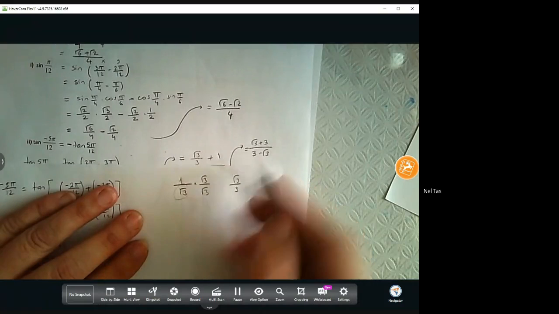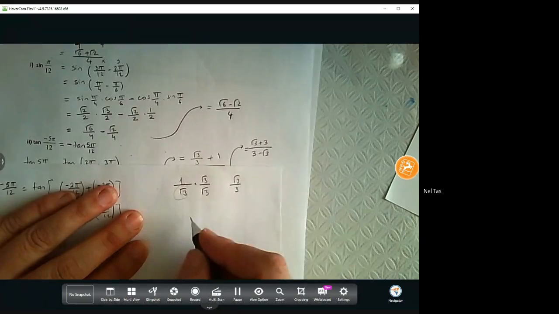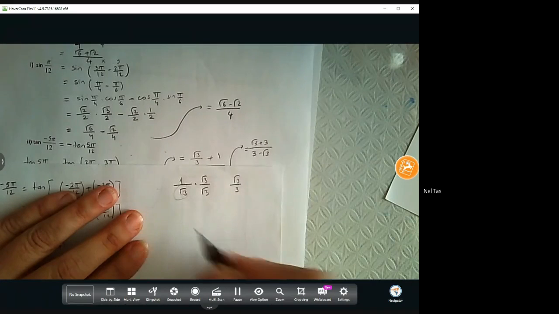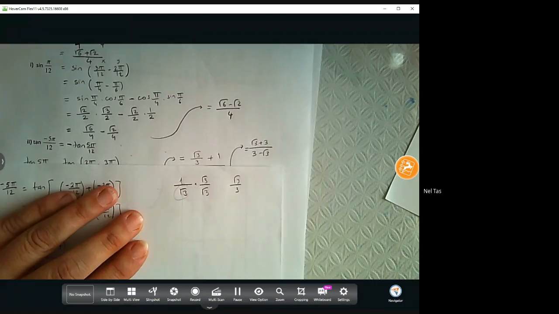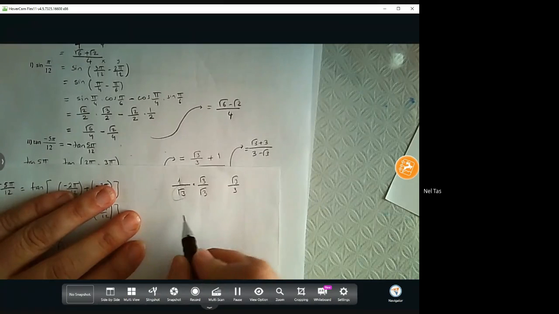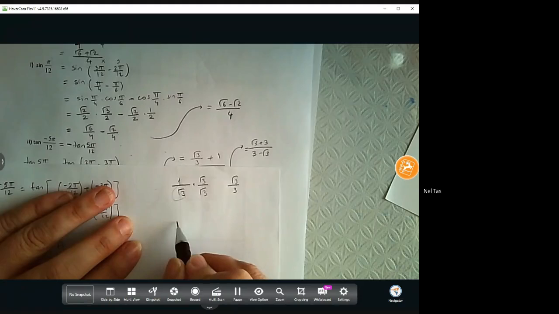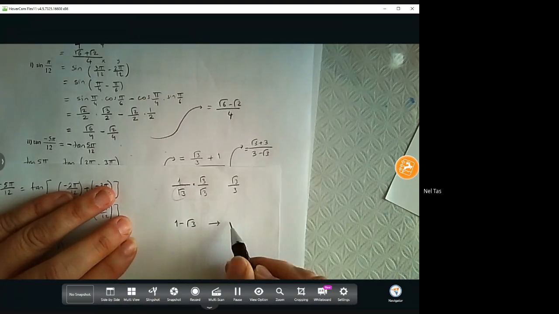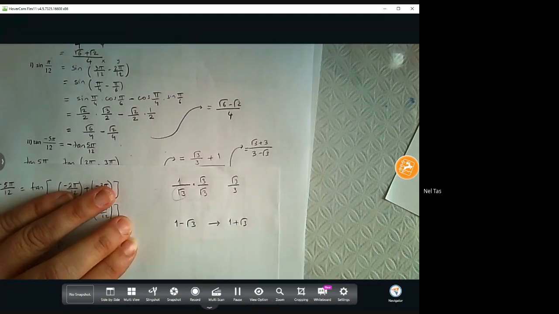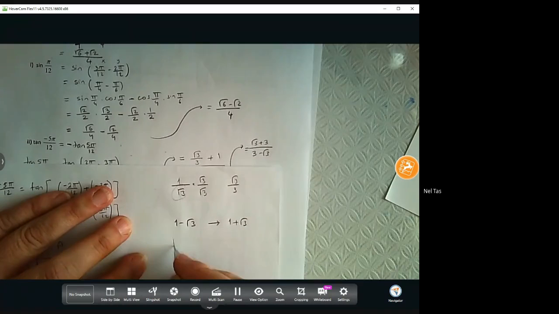So if you end up with something like this in the denominator, and you want to rationalize it, you multiply top and bottom by the conjugate of the denominator. So what is a conjugate? Let's say you have 1 minus root 3. The conjugate would be 1 plus root 3. Let's say you have root 5 plus 2.